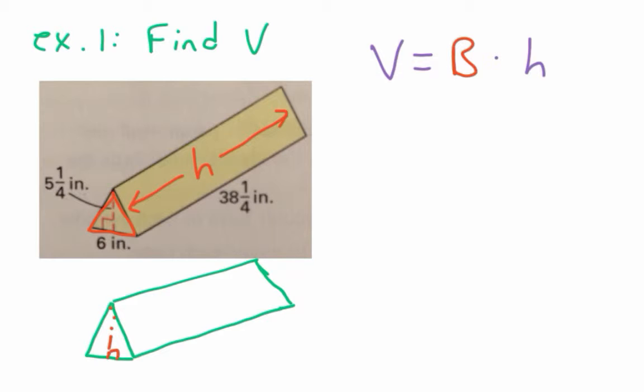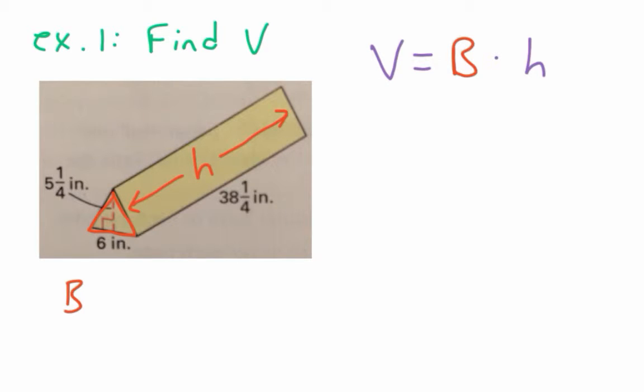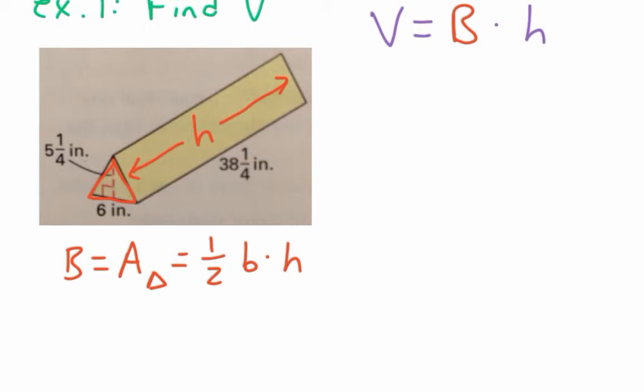Okay, so we need the area of the base, the area of that triangle. I'll do that in red like my B in my original equation. So my area of the base is the same as the area of the triangle. You could write it that way if you wanted to, but it's 1/2 times base times height. So that's our triangle area equation. Base and height have to be perpendicular to each other, and my 6 and my 5 1/4 are perpendicular.